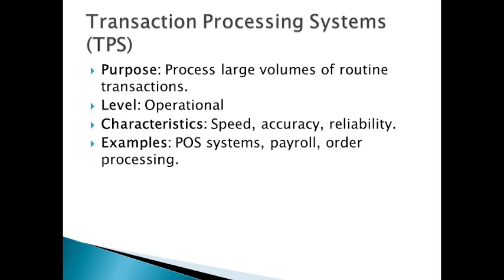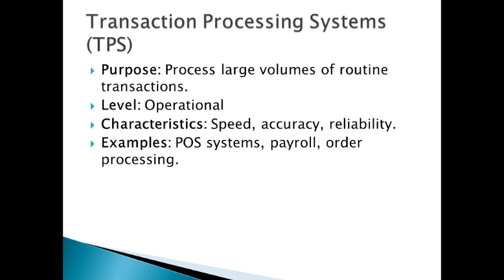At the organizational level, they are at the operational level. The key characteristics include speed, accuracy, reliability, and high volume processing. Examples include point-of-sale systems, payroll systems, order processing systems, airline reservation systems, and banking systems.